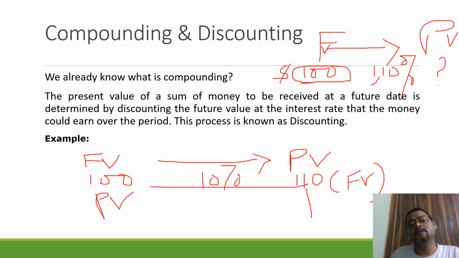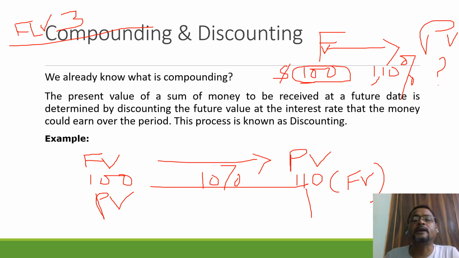We have already discussed this in the slide FLV 3. That is known as finding the present value of a single cash flow. So discounting, you can get it from finding the present value.